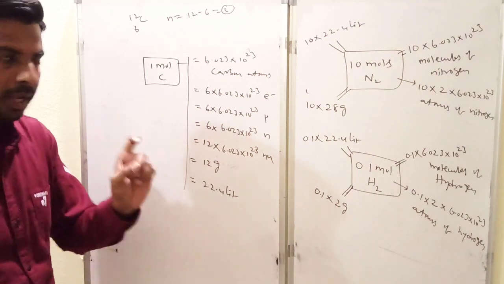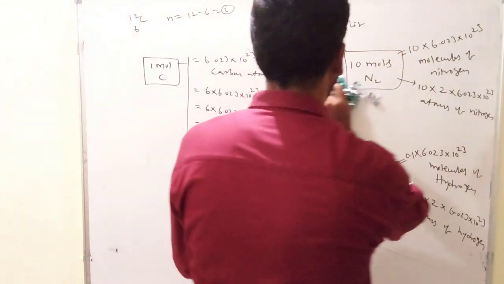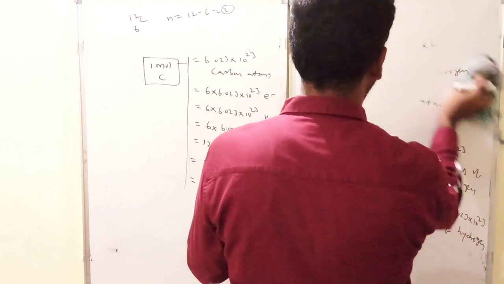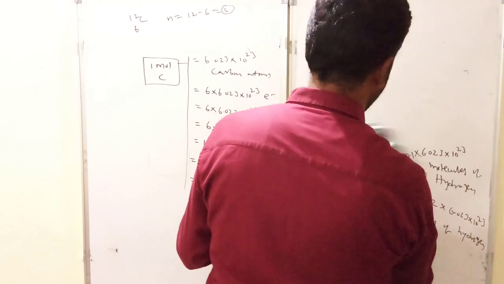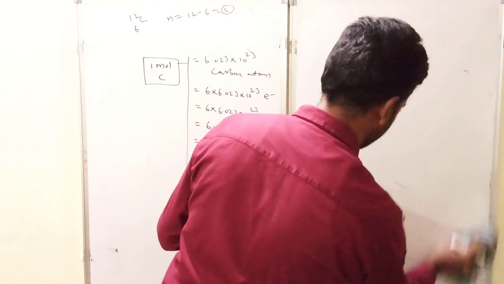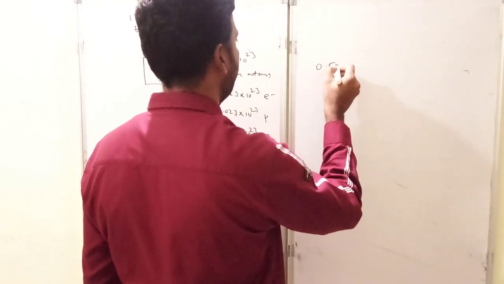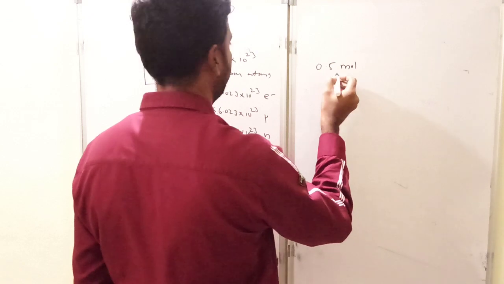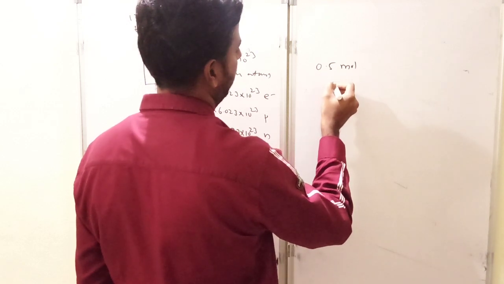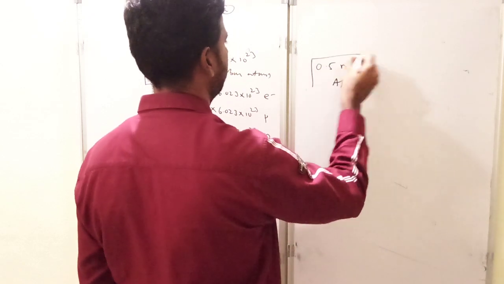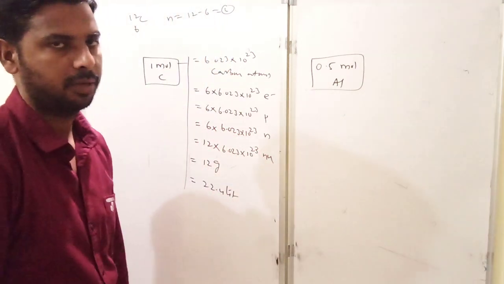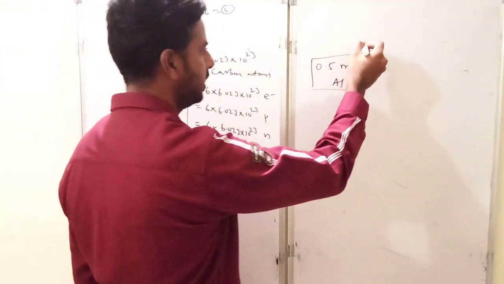Similarly, can you try one more example? Suppose I am giving 0.5 moles of aluminum. Can you analyze in this way?